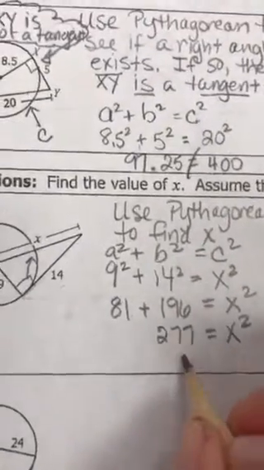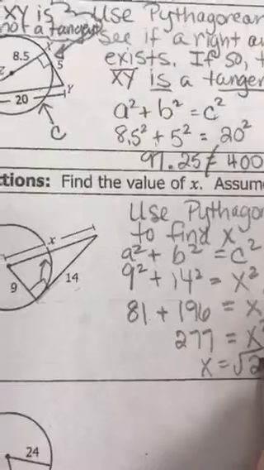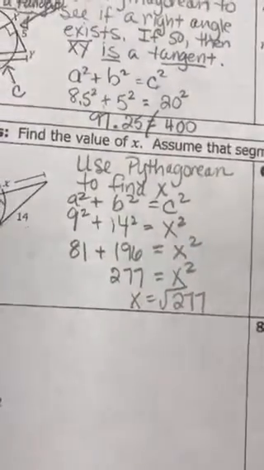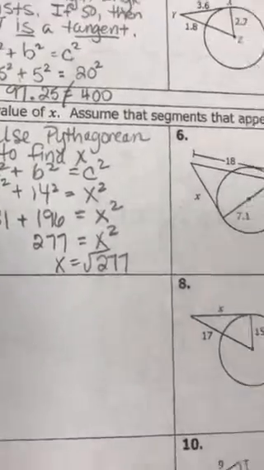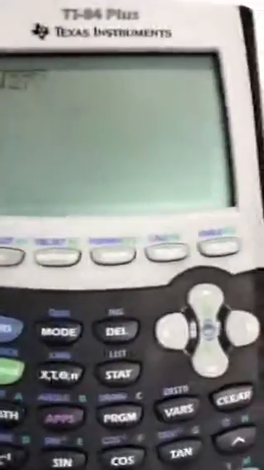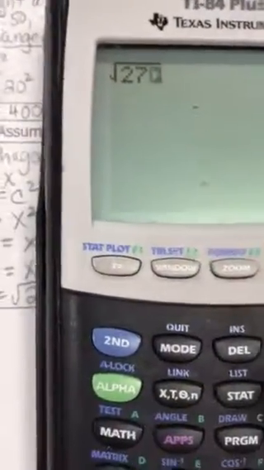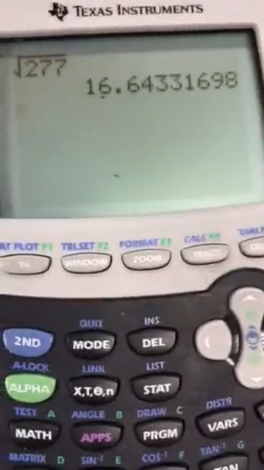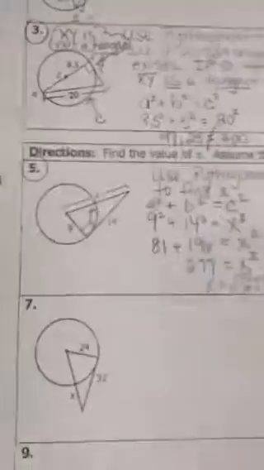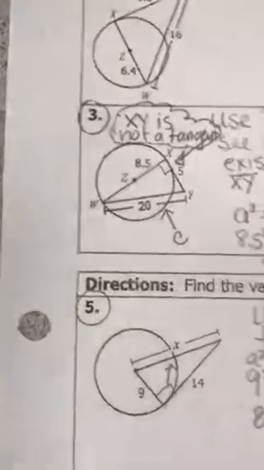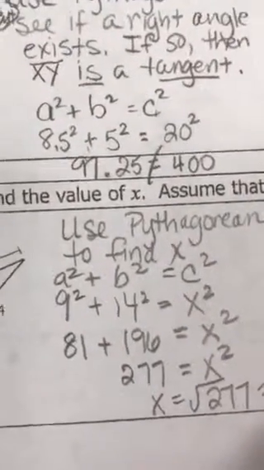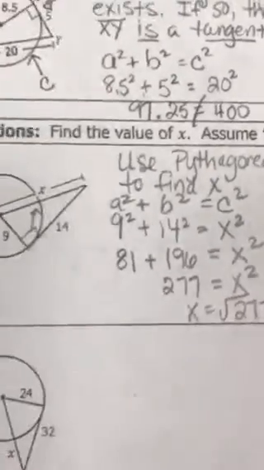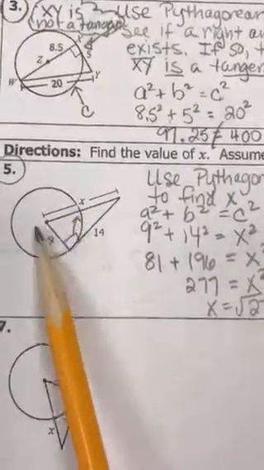Take the square root, x equals the square root of 277, and I get, let's plug that in, square root of 277, 16.6. So we want to actually write down what it is. So that's approximately 16.6. So x is 16.6.